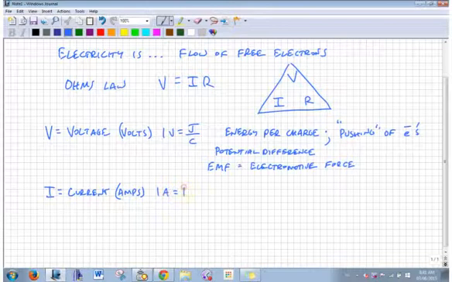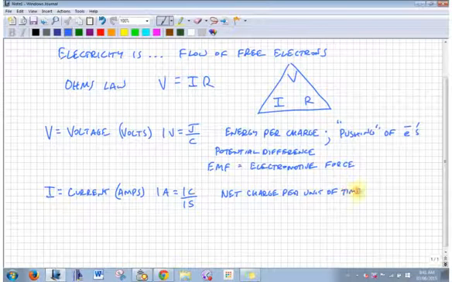1 amp is 1 coulomb per second. So that says coulombs are charge. We know that from last chapter. That's the amount of charge per second. It's like a flow. Net charge per unit of time, but we usually just leave it in seconds.